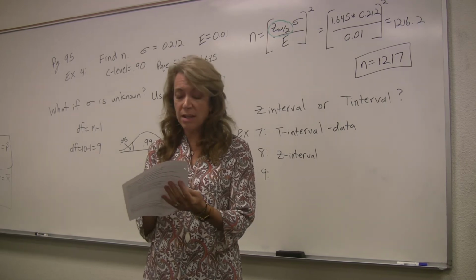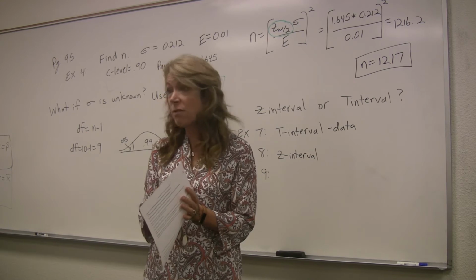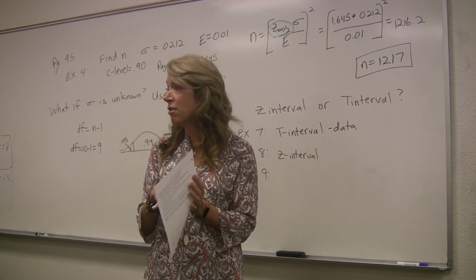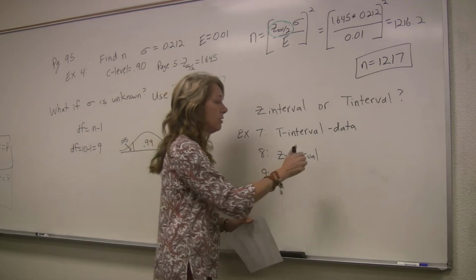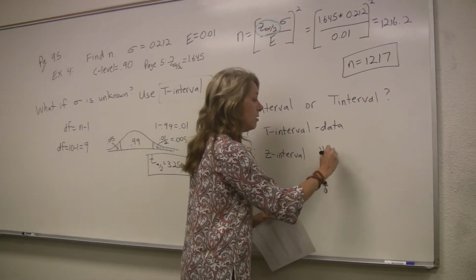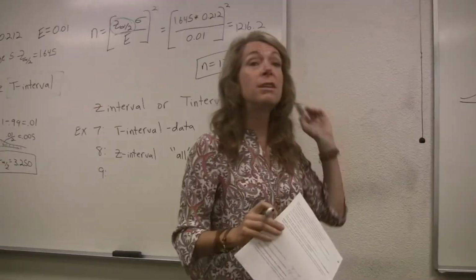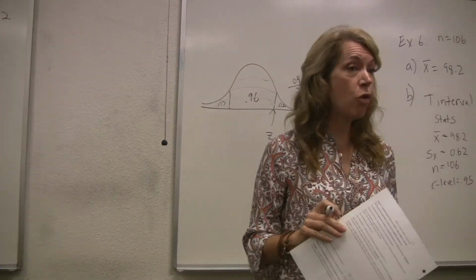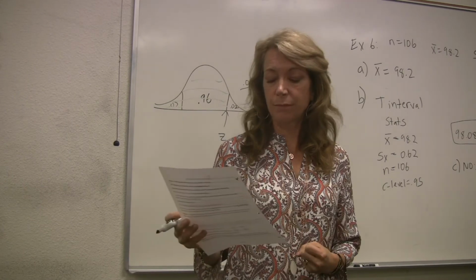If it had just said the standard deviation from these 62 households, that would have been an S. But the all such households, underline that all, that's what makes it a Z interval. When they include the whole population, when your standard deviation includes the whole population, that's our sigma. And that's when we do a Z interval.